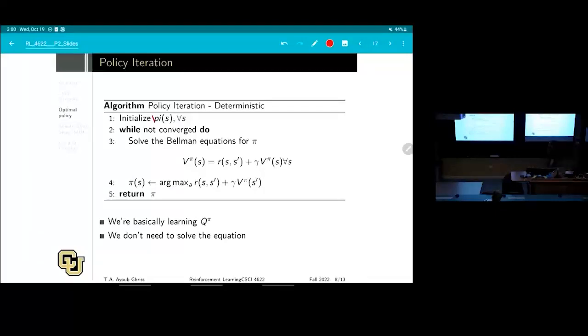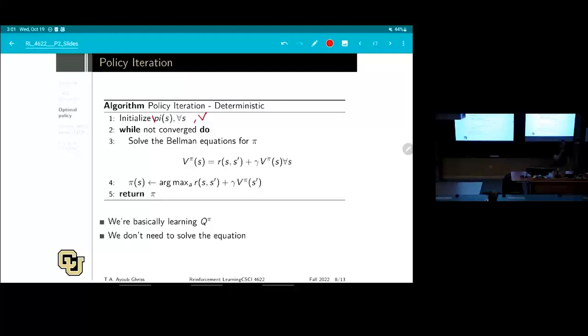I'm initializing the policy, but also I'm initializing V. And this is the tricky part about policy iteration, is that you also have to estimate V, which is different from, for example, if you're learning Q, where that's all you need. You don't need other quantities, okay? But in policy iteration, you always have to keep an estimate of the value functions. Otherwise, you'll need to sample all possible states, all possible actions, and build your own V estimate at each round, which is quite expensive, okay?